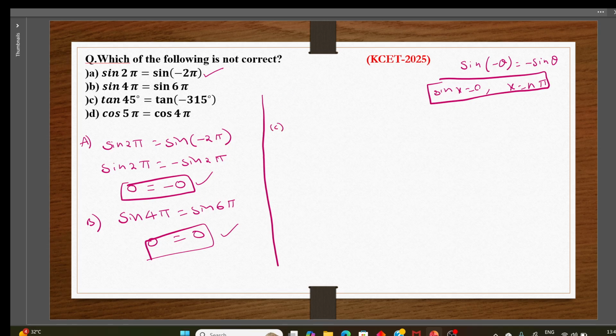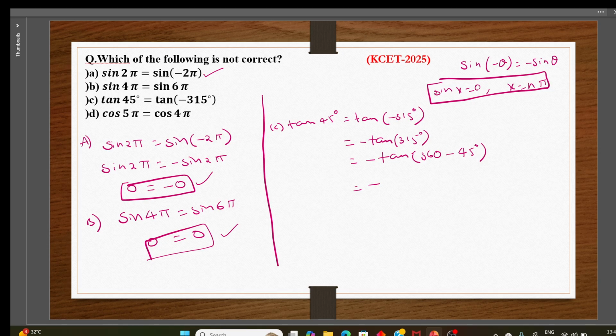Now the third one, observe here. Tan 45 degrees is equal to tan minus 315 degrees. Tan minus theta means minus tan 315 degrees. It is equal to minus tan of 360 degrees minus 45 degrees.